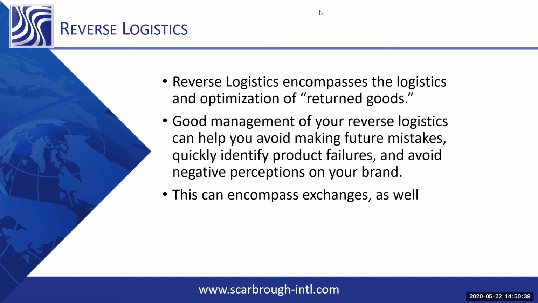Once it arrives either back to me or back to my warehouse 3PL, what happens to the good then? How do I segregate this good away from all of the rest of the known goods I have for sale in the facility? What inspection processes do we have to either scrap the good or return it to stock? How do we receive it into our warehouse management system so we can see it and know the state that it's in?